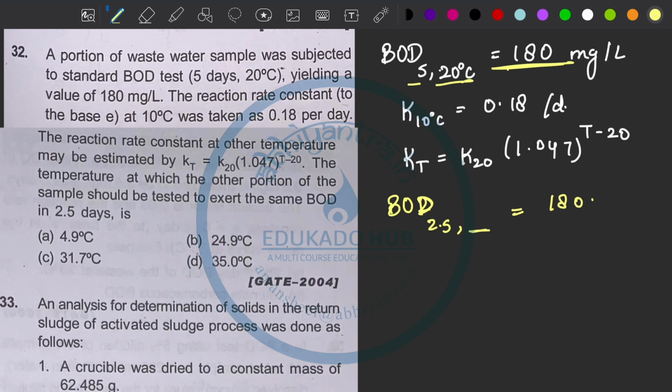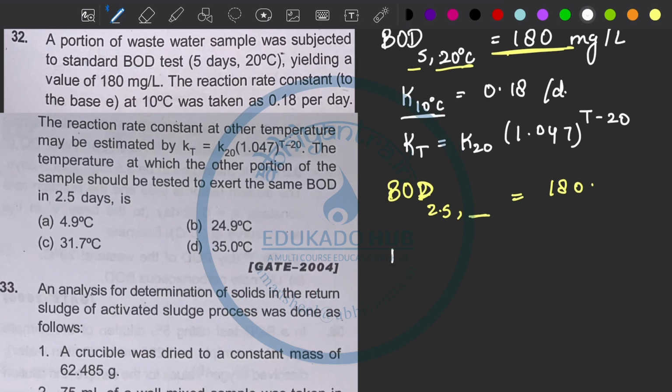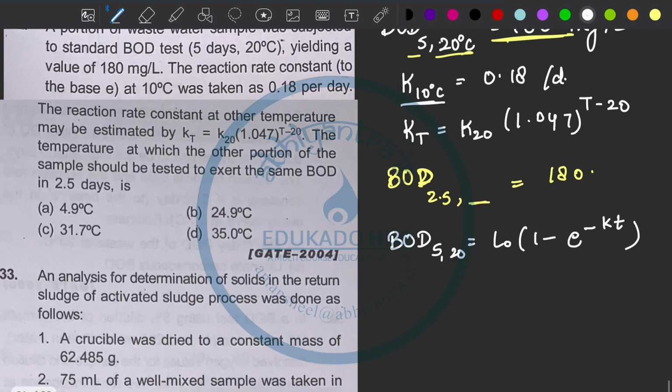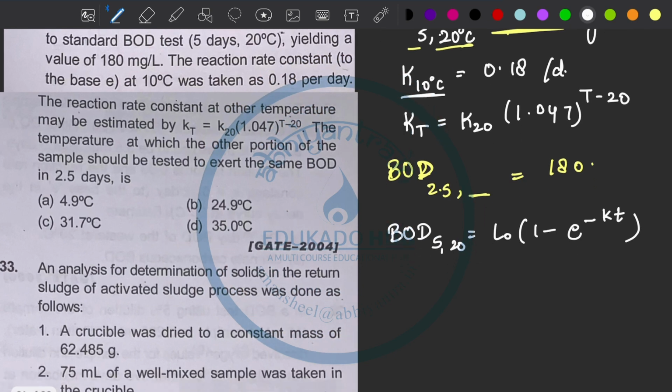Alright, so see, we are given K10, the value of K at 10 degrees Celsius, and BOD 5 at 20 degrees Celsius. The equation will be L0 (1 minus e to the power minus Kt). This is at 20 degrees Celsius, K we will put at 20, but we don't know that, right? So from the equation we can calculate the value of K at 20.